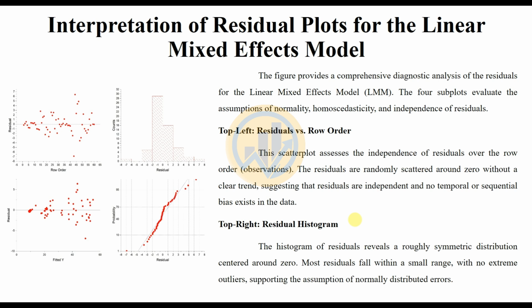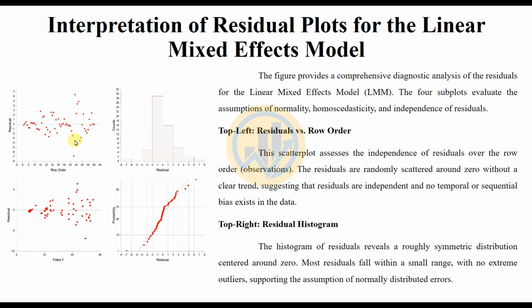So the next one is the interpretation of the residual plot in the linear mixed effect model. The figure provides a comparative diagnostic analysis of residuals for the linear mixed effect model. The four subplots evaluate the assumptions of normality, homogeneity, and independence of residuals. The first one, the top left, is the residual versus row order.